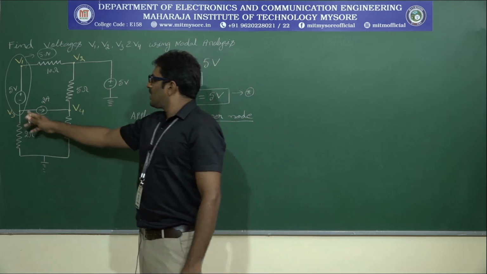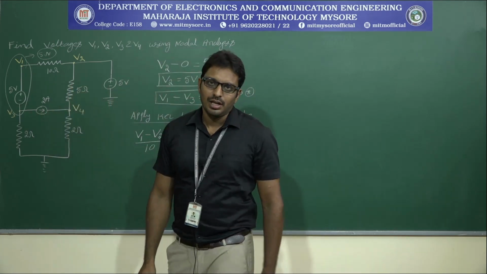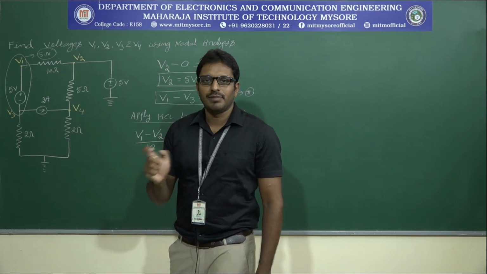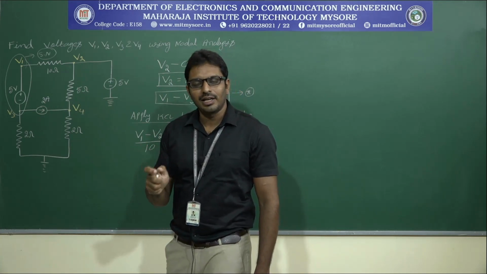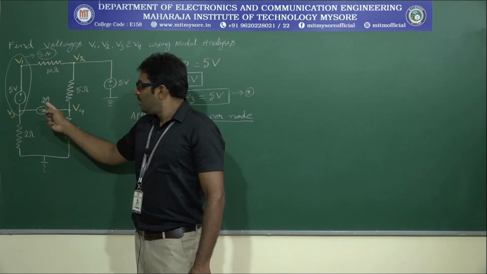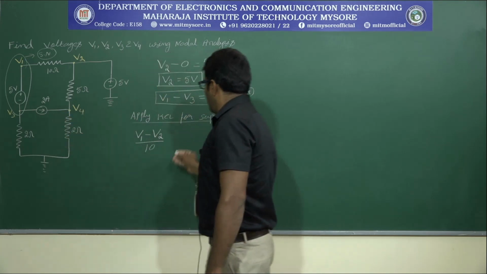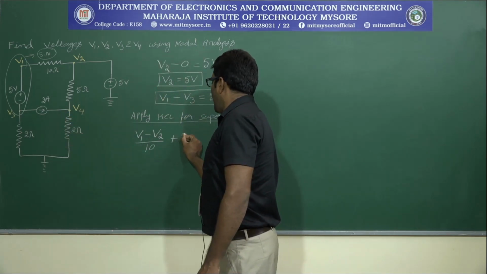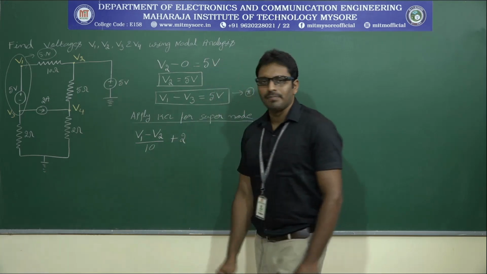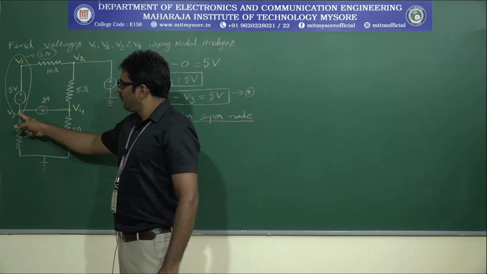Okay. Next, what is the current in this branch? So we need not take a potential difference divided by resistance in order to calculate the current. The current value is directly given, 2 ampere, and moreover that current is leaving from the node. That's why plus 2 ampere. Next, what is the current in this branch? That is V3.